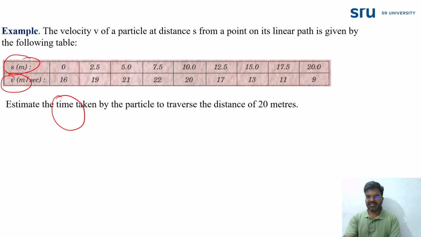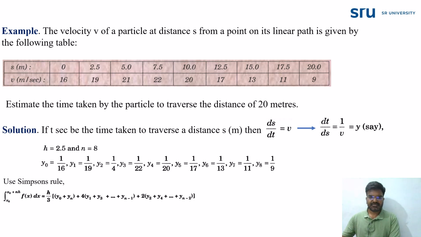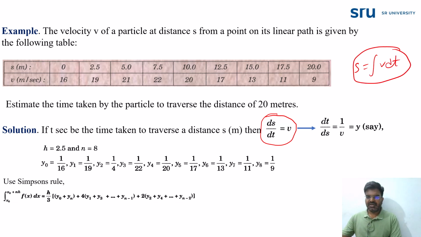It is very simple. Already we know the relation between velocity and displacement: ds by dt equals v. Don't take the integration directly, because if you do, you will get s equal to the integral of v dt. Our question is not for s. We have to find time.